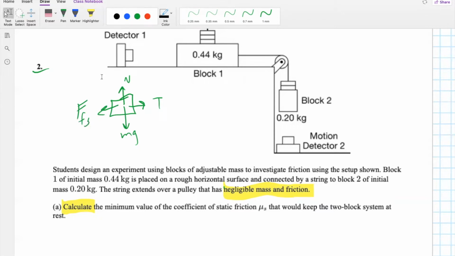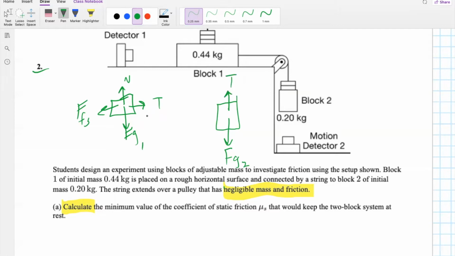And then we have the other block, which has the force due to gravity pulling it down. We're going to call this force due to gravity 2. And for the first block, I'm already losing consistency, but we have the force due to gravity 1. And then we have a tension.